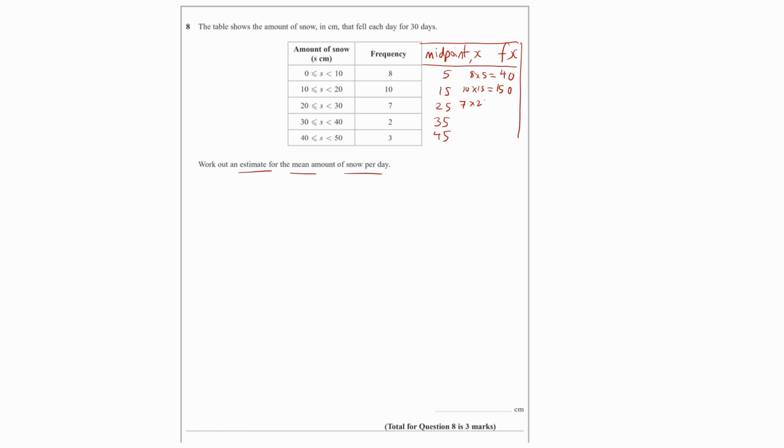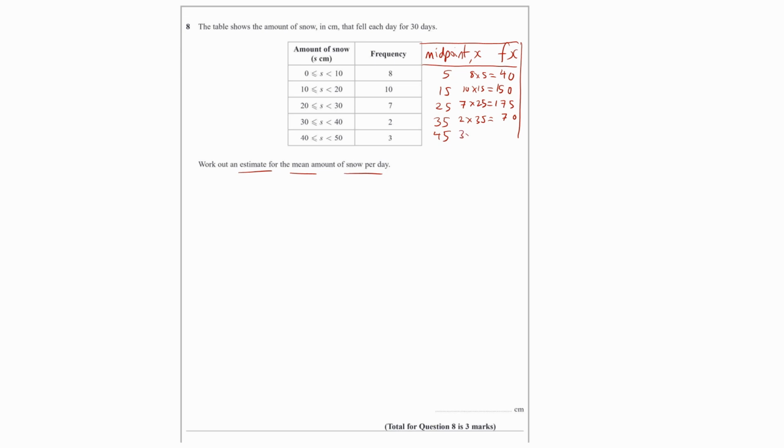7 times 25 equals 4 25s are 100, so that was 175. 2 times 35 is 70. And 3 times 45 would be 135.